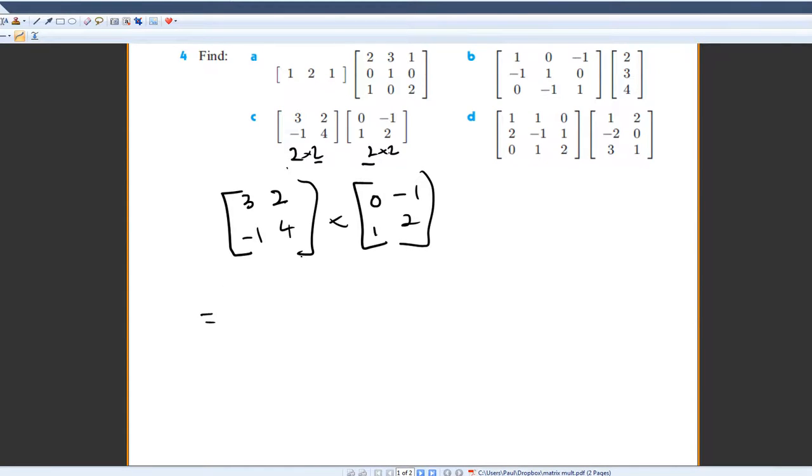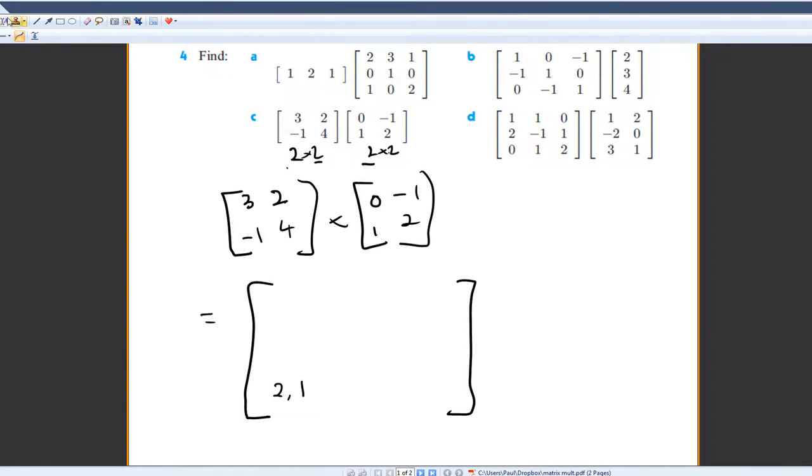Okay, so I'm going to do this nice and big. Now again, we're going to run and dive, or you can use the hand method. I'm going to get this element here. This element here is position or row 2, column 1.